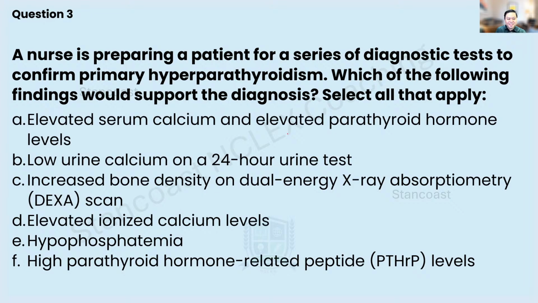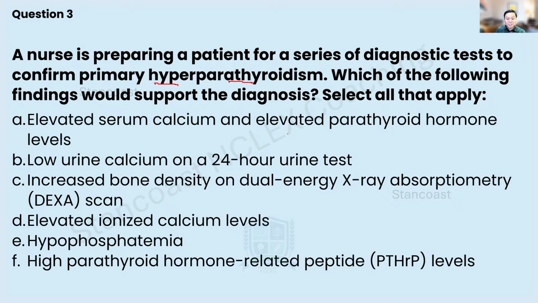Take note about the different diagnostic tests. You are preparing this patient for a different set of diagnostics in order to confirm their primary hyperparathyroidism. So, which of these items will support the primary hyperparathyroidism? Would that be letter A, increased serum calcium?